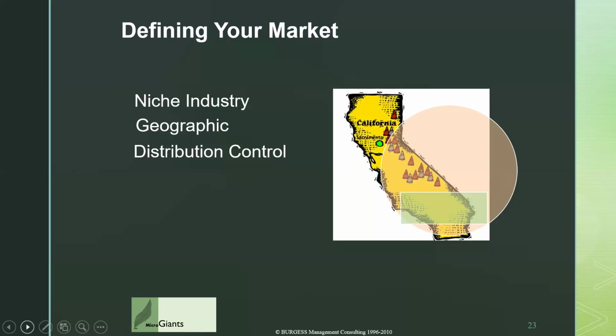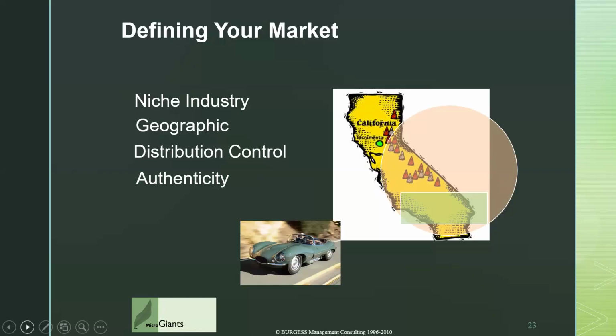So he was able to narrow his niche again. And then, of course, we talked about authenticity. You have the relationship, and ultimately you get all the way down to this little teeny marketplace, which made customers happy. And it certainly made this particular repair guy very successful. He loved working in this area, and his customers loved bringing their cars to him.